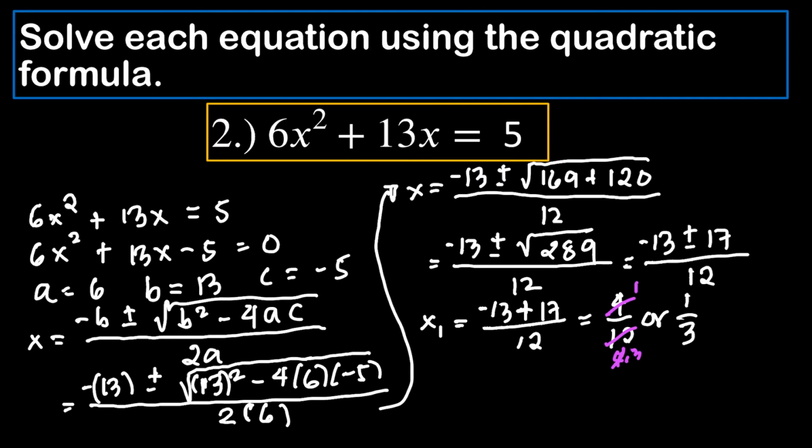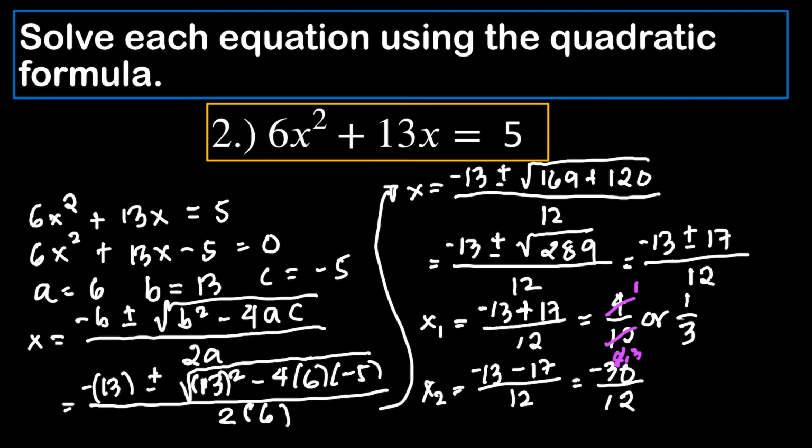What about the second solution? The second solution here will be negative 13 minus 17 over 12, and so this will give us negative 30 over 12. The common factor between negative 30 and 12 is 6.